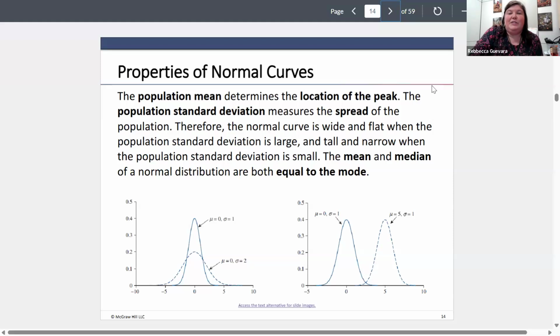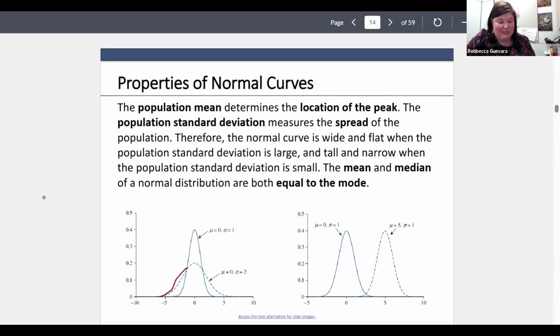The population mean determines the location of the peak, and the population standard deviation measures the spread of the population. Therefore, a normal curve can be wide and flat when the population standard deviation is very large. So an example right here: this is my standard deviation. This one has a standard deviation of 1.